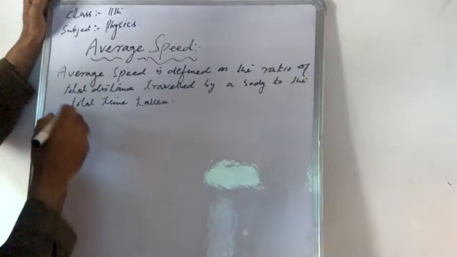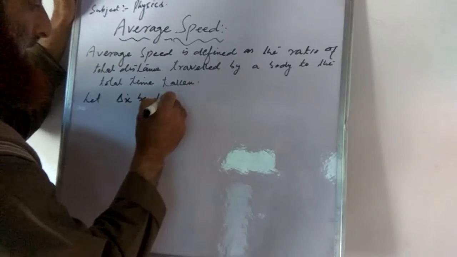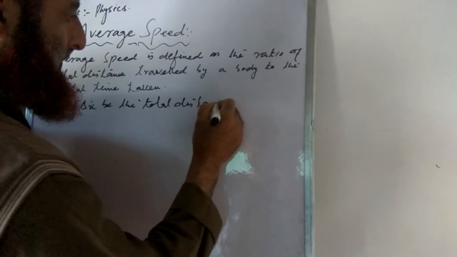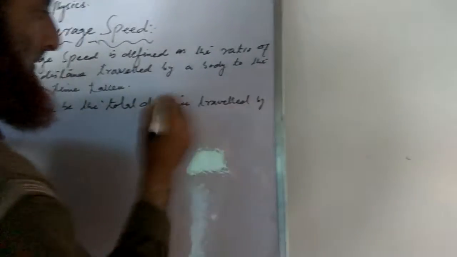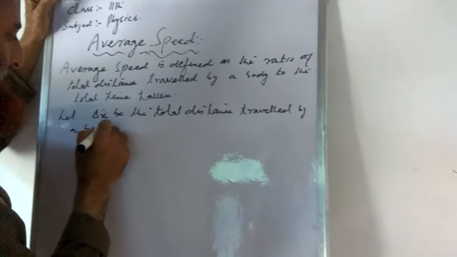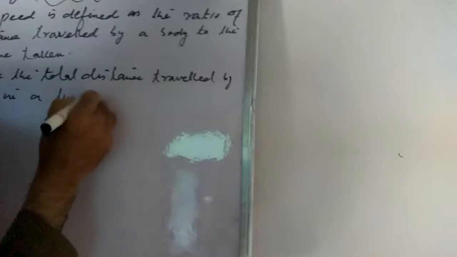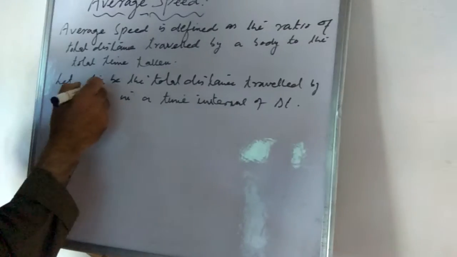Let us suppose delta x is the total distance traveled by a body in a time interval of delta t. That means the total distance traveled by the body is delta x and the time taken is delta t.